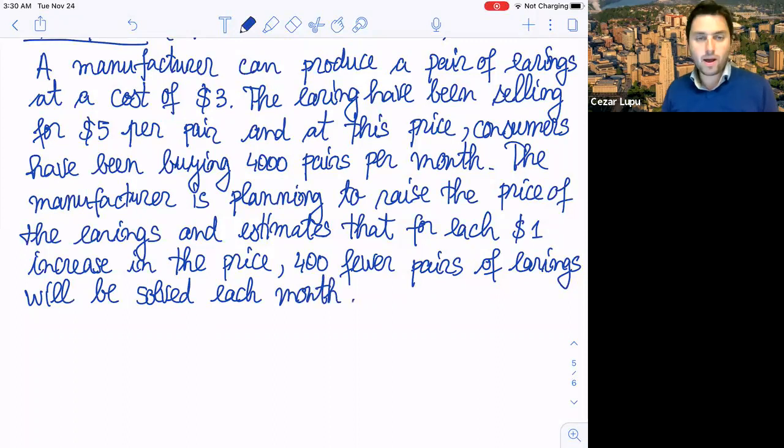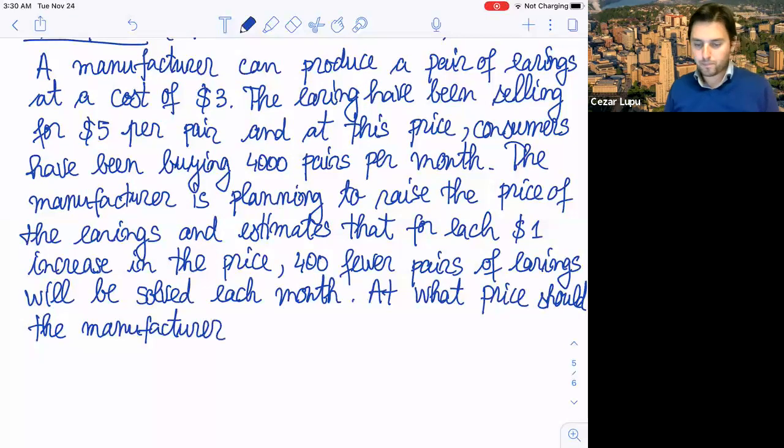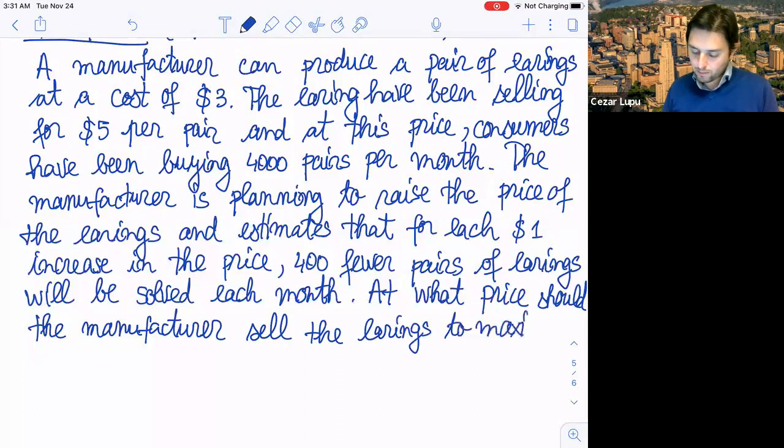Okay, now we're asked at what price should the manufacturer sell the earrings to maximize the profit?